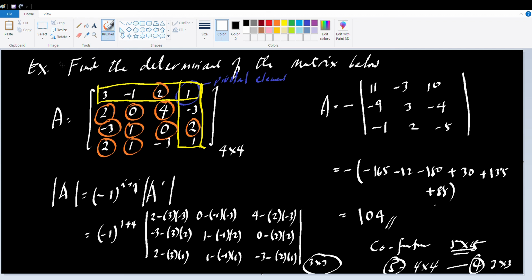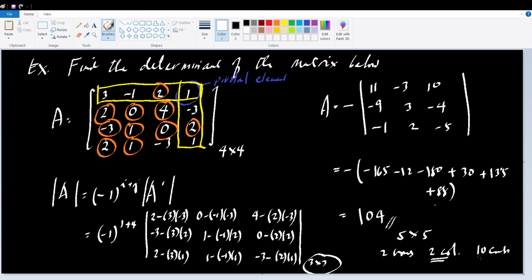In the Laplace expansion method, if you have a 5 by 5 matrix and you are to expand about 2 rows, you'll be using 2 columns. There will be 10 combinations of 2 columns from among 5 columns.